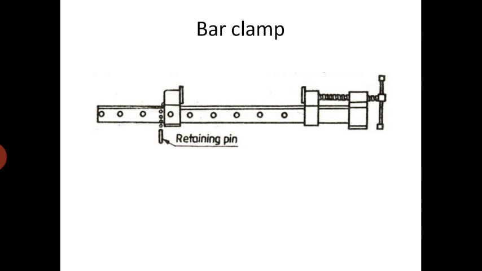For cutting in carpenter work, the workpiece is fixed inside the carpenter's vise or in a C-clamp or in a bar clamp, and with the help of a handsaw we can separate the wooden pieces.